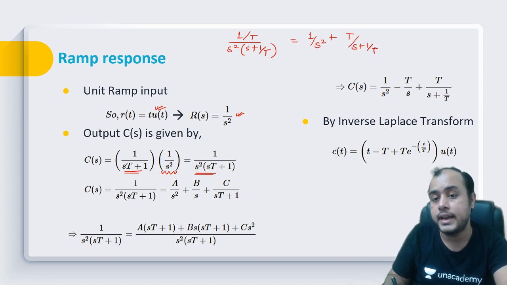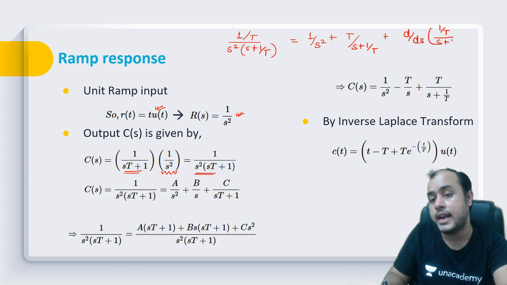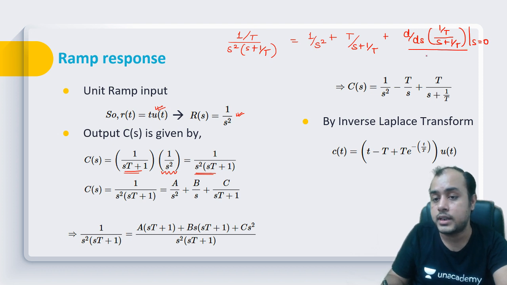What about 1 by s? For 1 by s, you have to take the derivative of the remaining function. That is, remove s square, take the derivative of the remaining function and put s equal to 0.